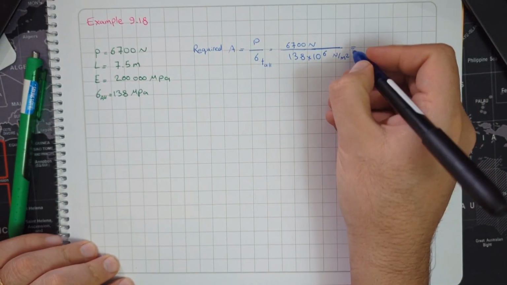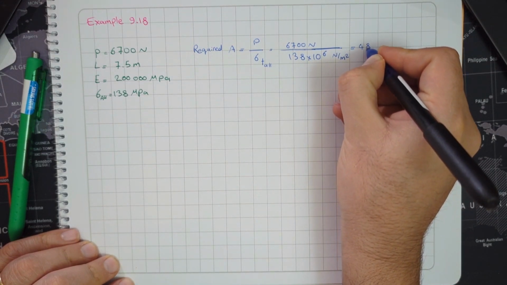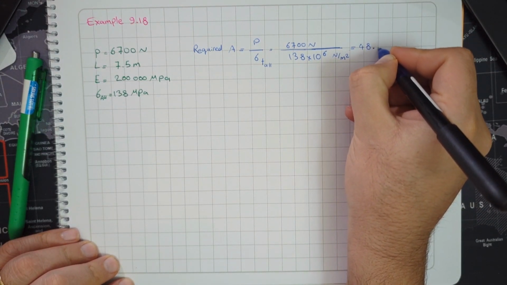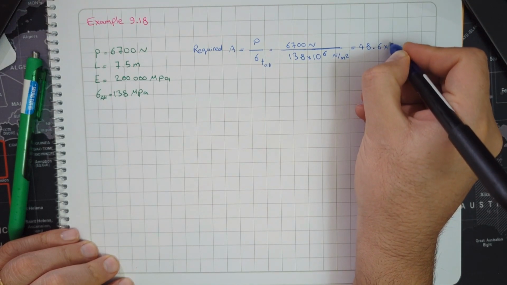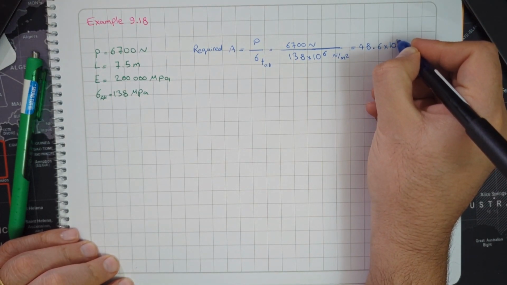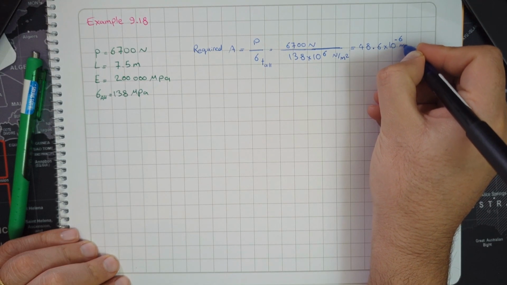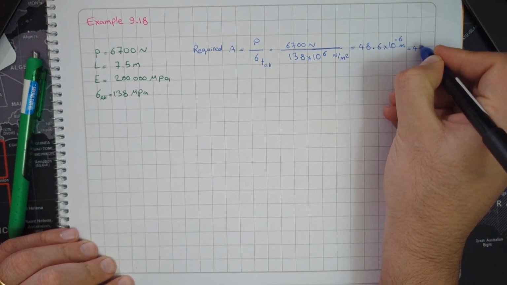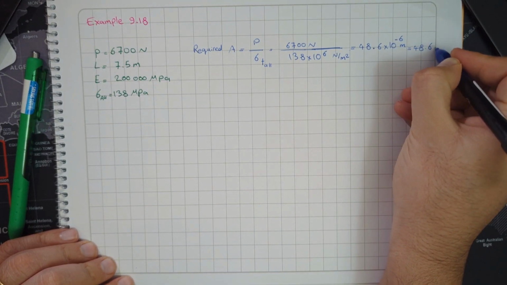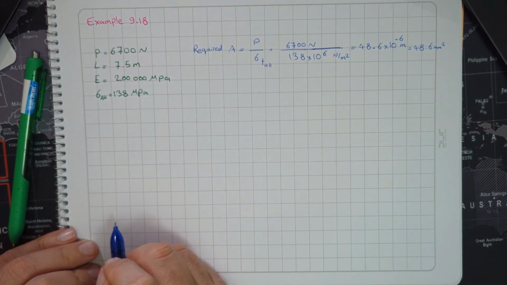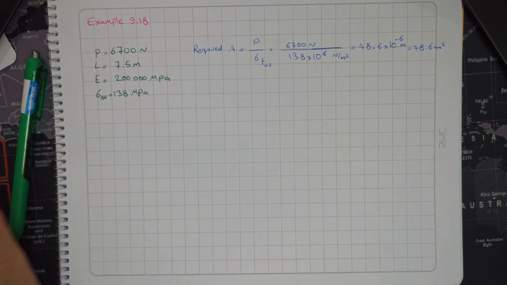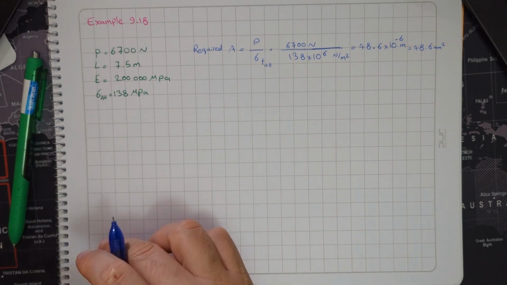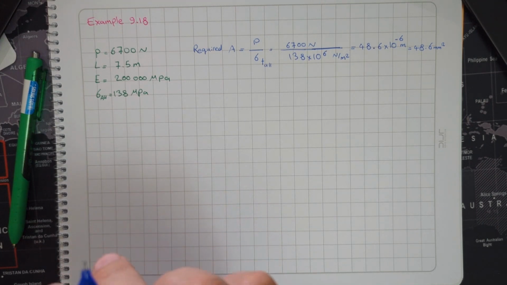So the answer is 48.6 and 10.6 meters. Or we could say easily 48.6 meters square.